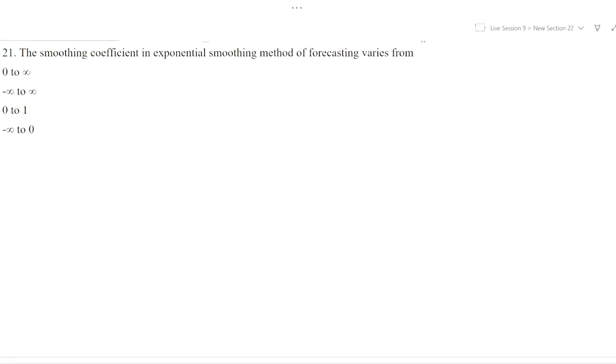Okay, so the next question: the smoothing coefficient in the exponential smoothing method of forecasting varies from? Now here the correct option is 0 to 1. Now we will discuss a little bit on the smoothing coefficient.